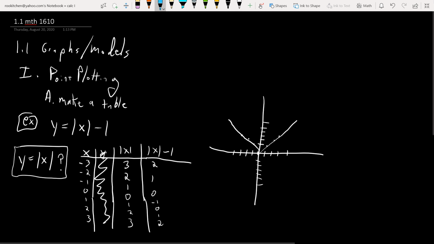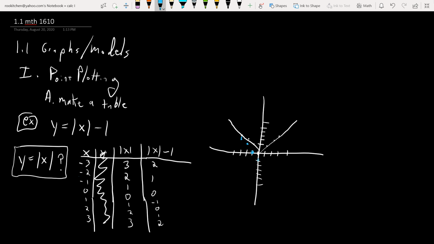Let's do the absolute value of x minus 1, but I'll put it in blue. Okay, so -3, 2, -2, 1, and -1. Sorry, I was reading off the wrong. -1, 0, and then 0.